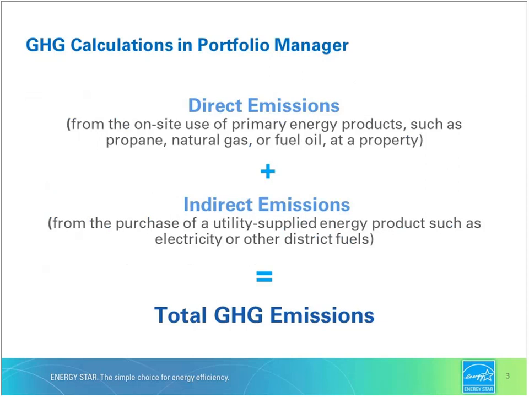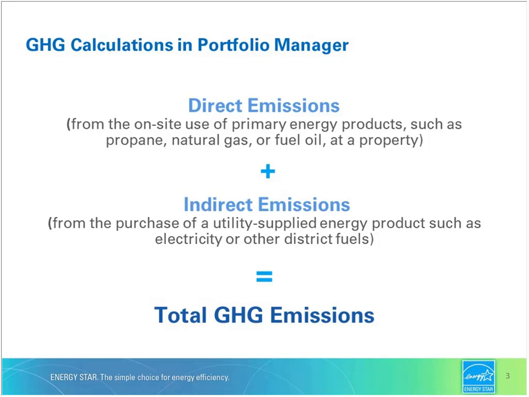So what's the key differentiation here? Well, direct emissions are related to the on-site use of primary energy products like natural gas or fuel oil. Basically, any fuel product that you purchase in order to combust on site to operate your building, those are direct emissions.